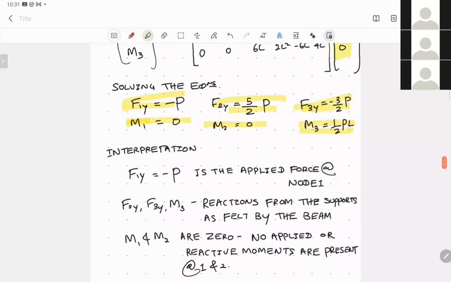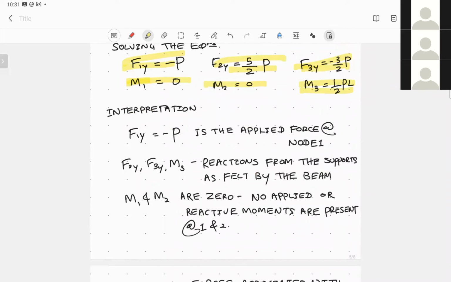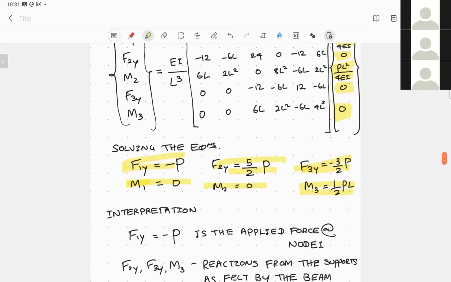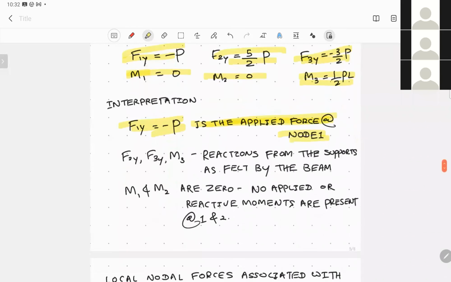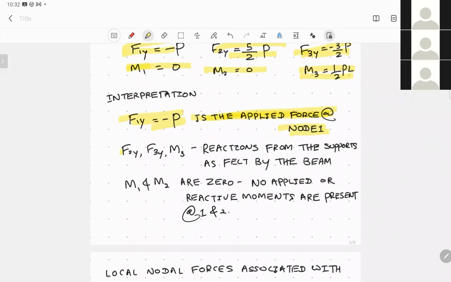So if we back substitute all these values, this is again to check whether we have got the correct answers. You get a minus P value at node number 1, which is correct, which is the applied nodal force in the opposite y direction, and F2y, F3y, and M3 can be considered as the reactions by the supports which the beam is experiencing.